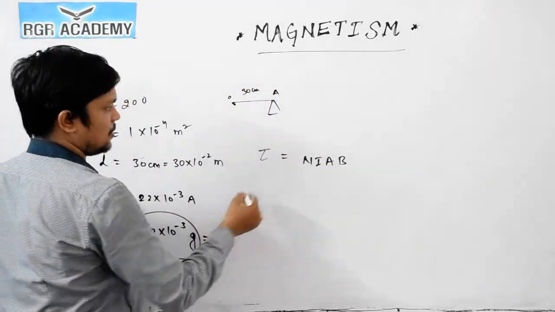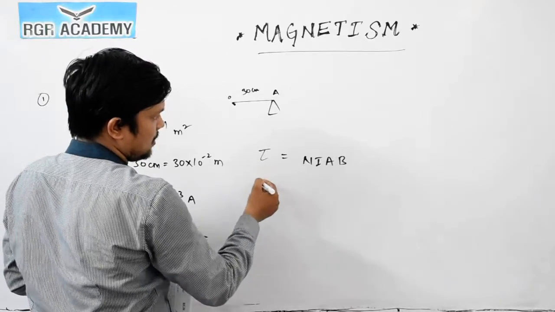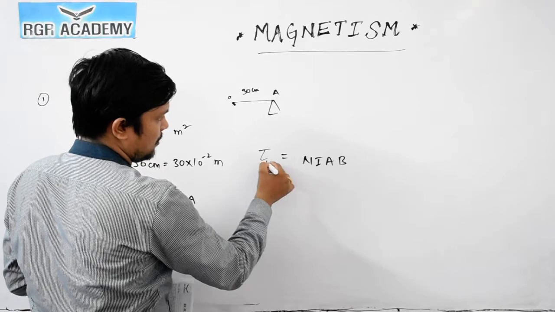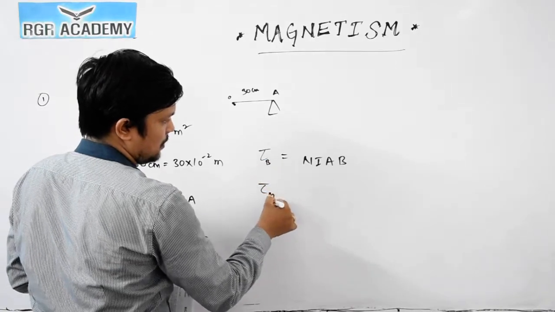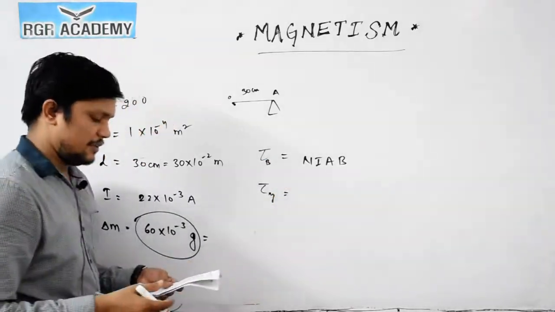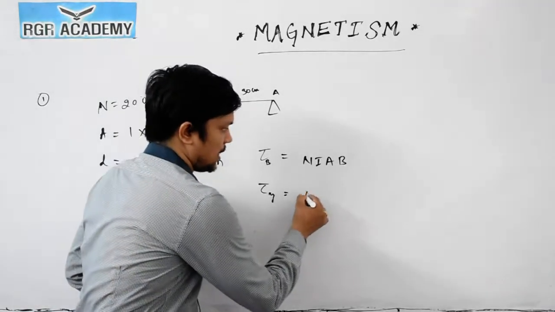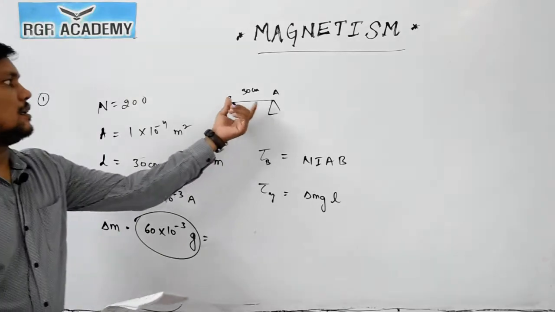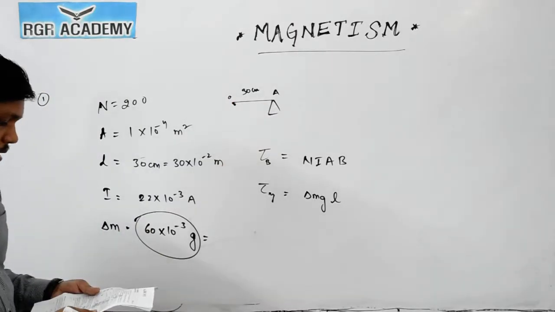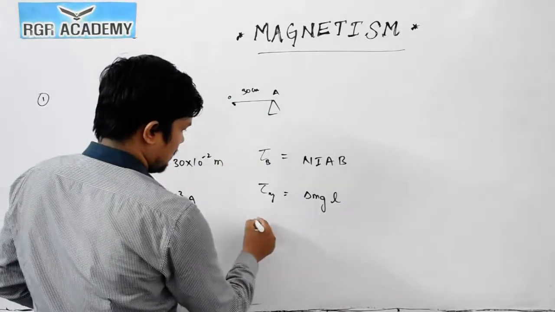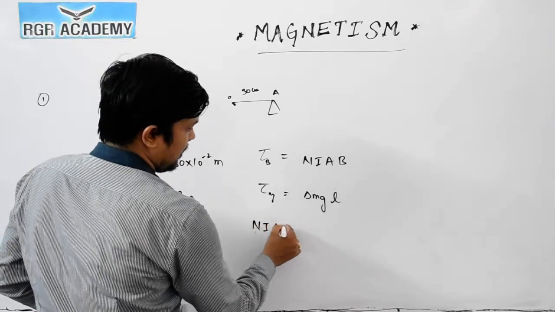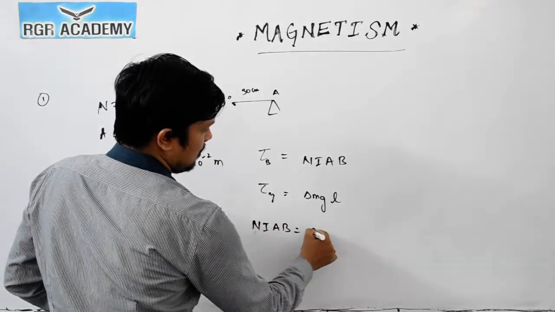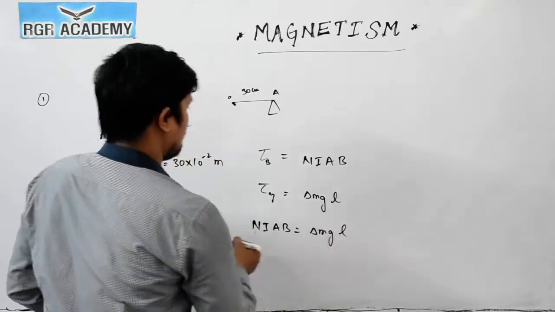So torque of the magnetic field should equal torque of mg, which is delta mg into L. Clear? For equilibrium, net torque should be 0, meaning NIAB should equal delta mg into L. So we have to equate this value.